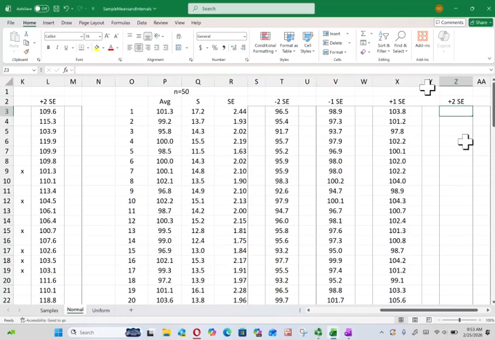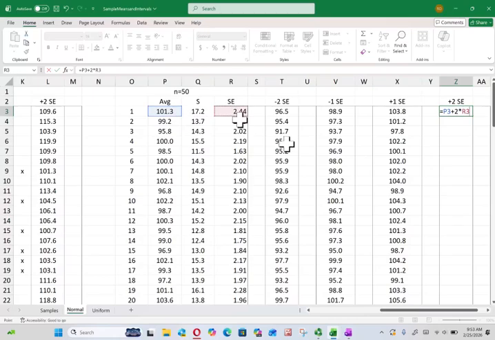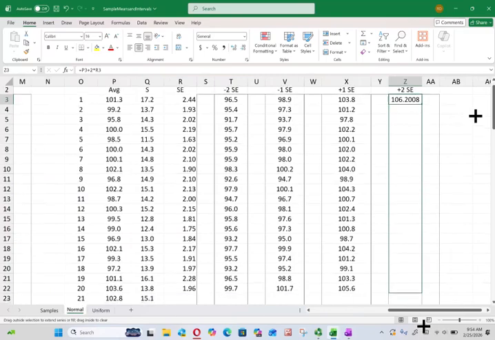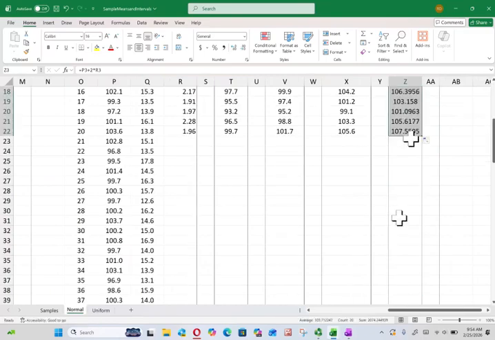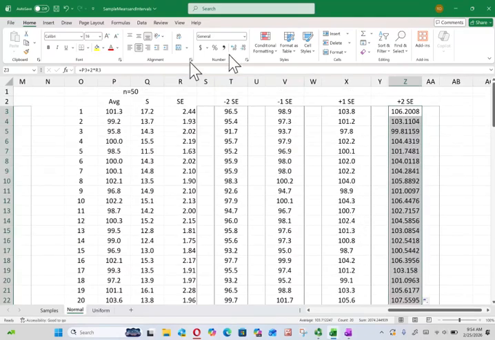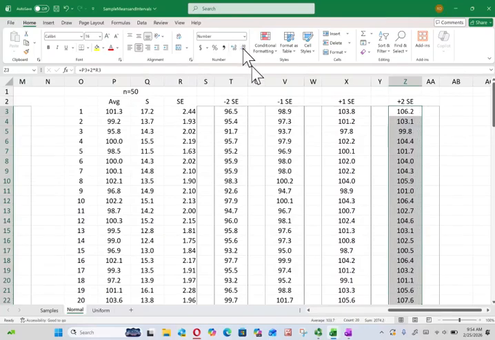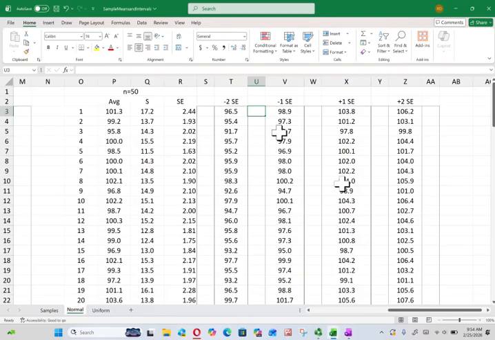And then two standard errors up equals the average plus 2 times the standard error. Copy it down. And I can do the same thing with this one. The only difference between these two is how wide the interval is.